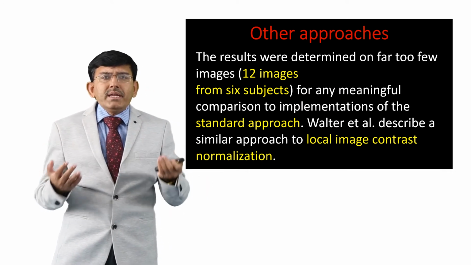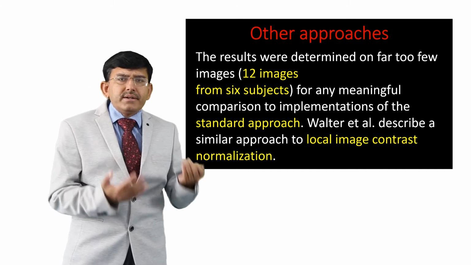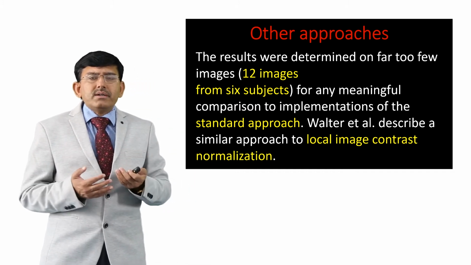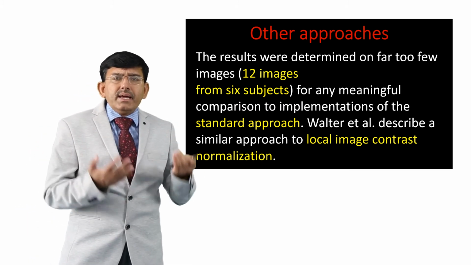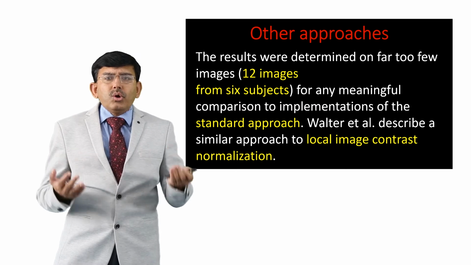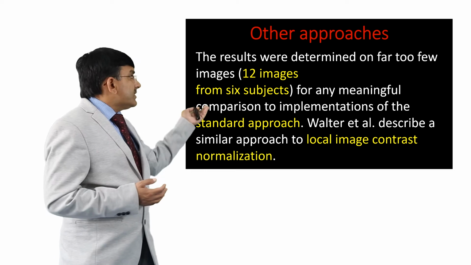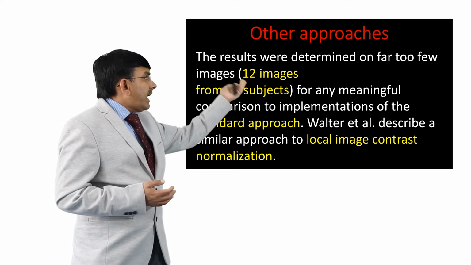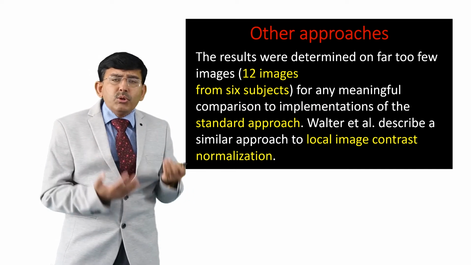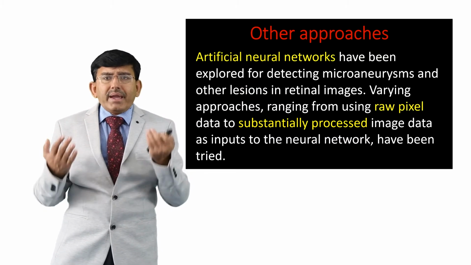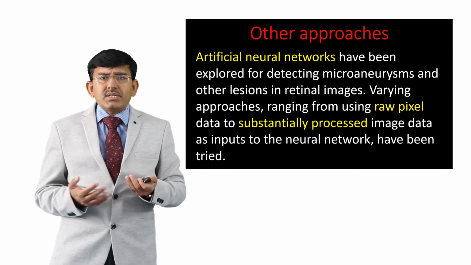For any meaningful comparison to implementations of the standard approach, Walter and his group describe a similar approach to local image contrast normalization. Artificial neural networks are another approach which have been explored for detecting microaneurysms and other lesions in retinal images.